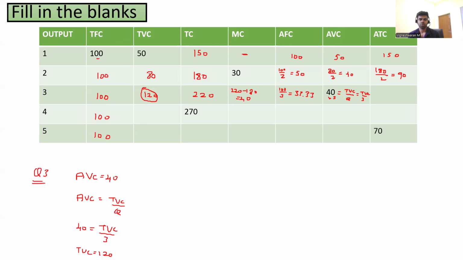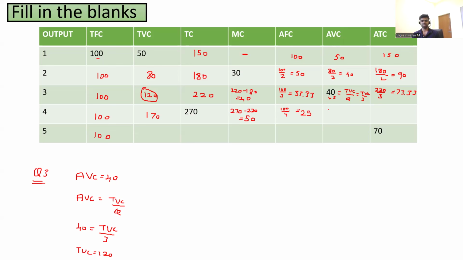33.33. Next one, average total cost is 220 divided by 3, that is 73.333. Okay. Next one. Total cost is 270, fixed cost is 100, which means variable cost is 170. What is the marginal cost? 270 minus 220, that is 50. Average fixed cost is 100 by 4, that is 25.